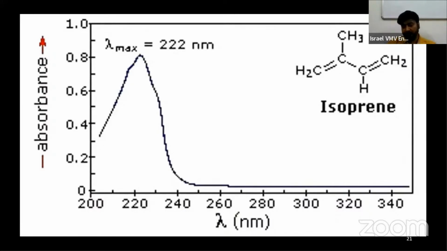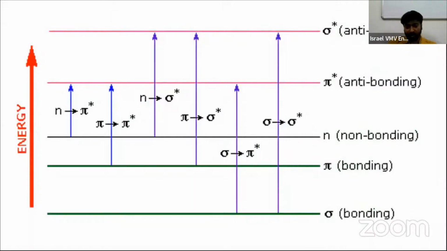If there is a double bond, there is one sigma bond and one pi bond. Excitation can happen from both sigma and pi bonds, and the electron will jump into the excited state. But the more probable excitation is the pi electron getting excited, and that is what you see here.